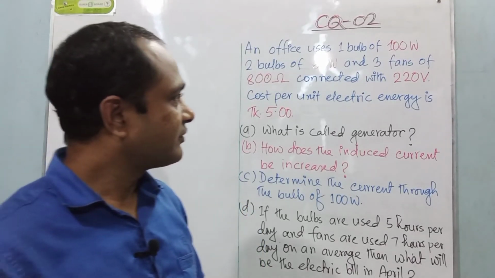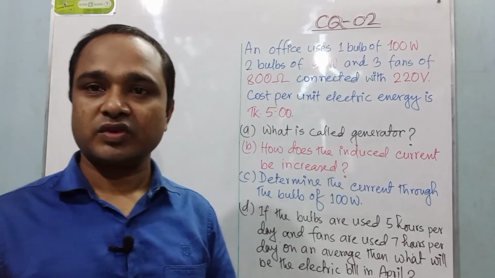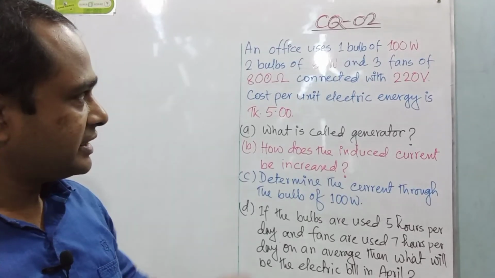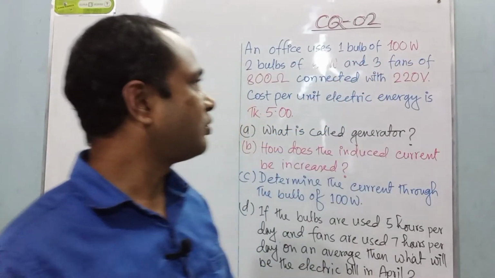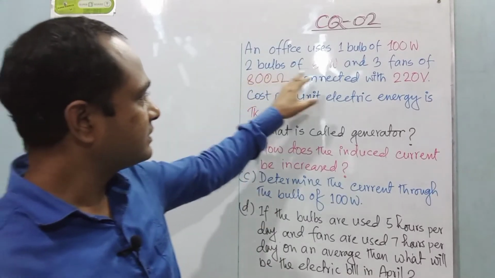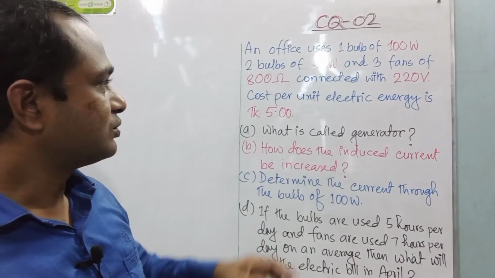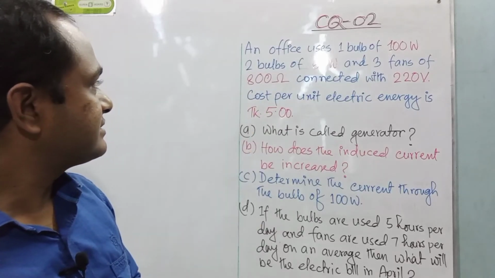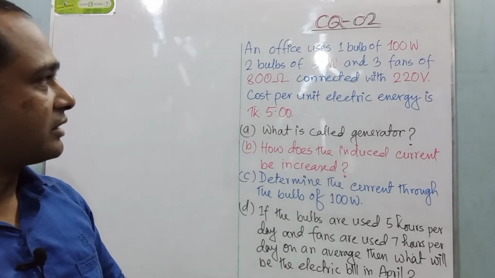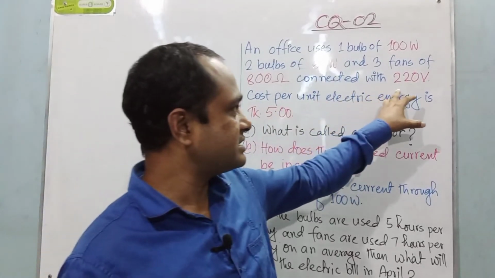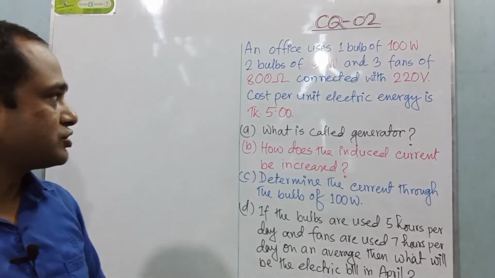First are electric lights: one is 100 watt and two are 60 watt. And they are using three electric fans whose resistance is 800 ohm, and all appliances are connected with an electric supply of 220 volt.